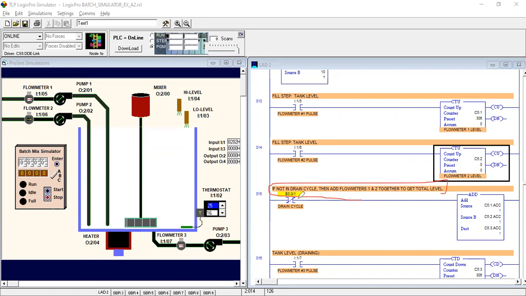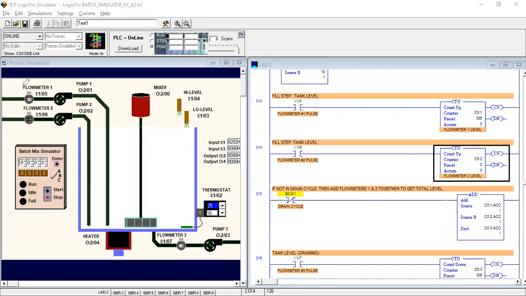So this is our drain cycle, and we have created an internal bit, like a binary, for controlling this, and on the right side we connect the add instruction, which adds the two values.